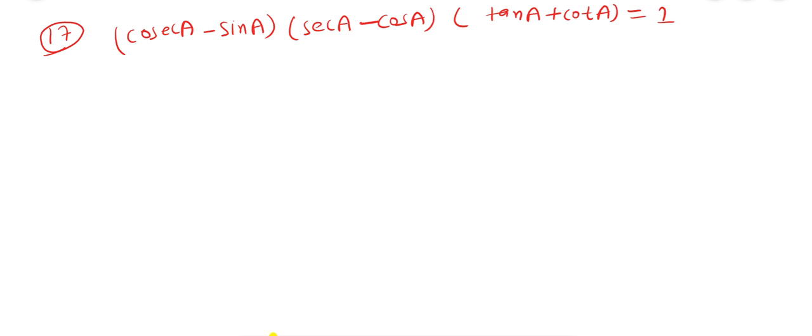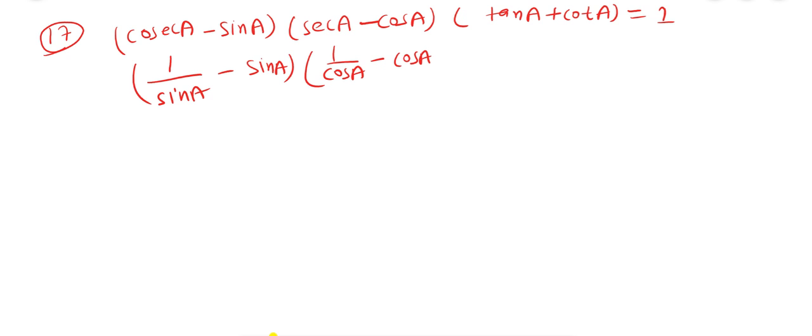So cosec A is 1 by sin A minus sin A, 1 by cos A minus cos A, and in this one I will write tan A as sin A divided by cos A, and cot A as cos A divided by sin A. So I have started from the LHS.